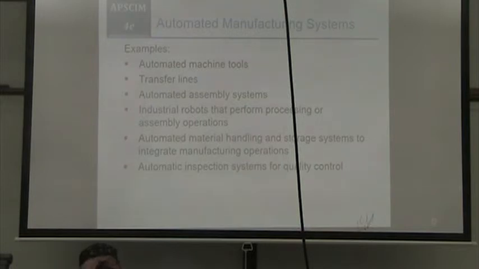A lot of times inspection is still done by hand in most manufacturing facilities. A lot of times that's because they have this superstitious thing, people can see things machines will miss. But you can have automatic inspection systems as well.